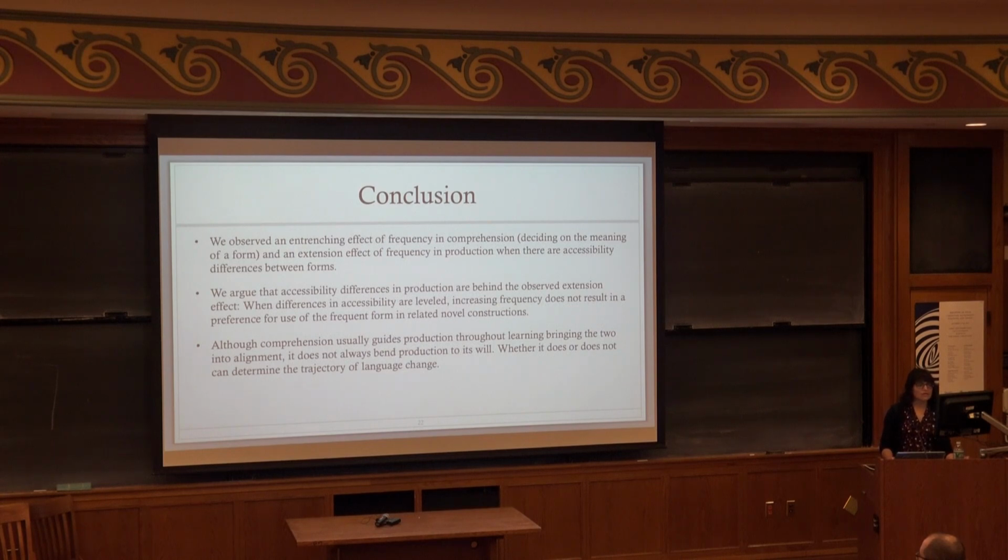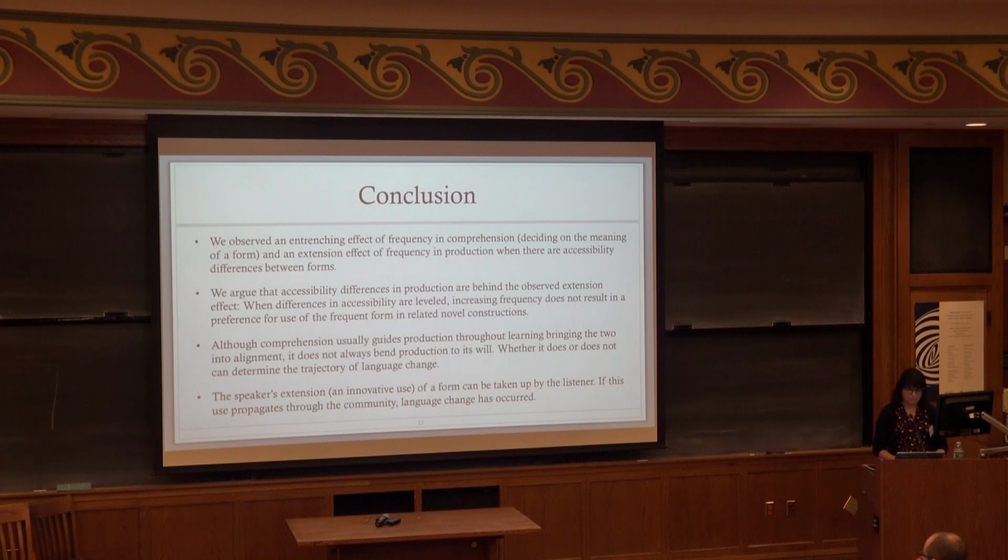It's true that comprehension usually guides production throughout learning and brings the two into alignment. That's not always the case. That's the argument here. And whether or not this convergence occurs, this can determine the trajectory of language change.